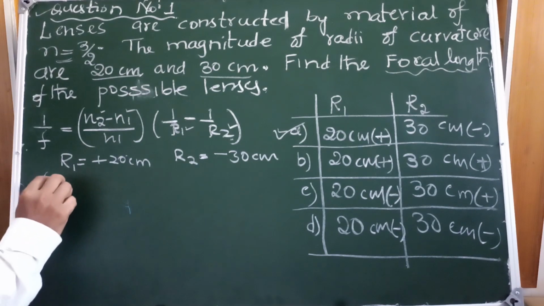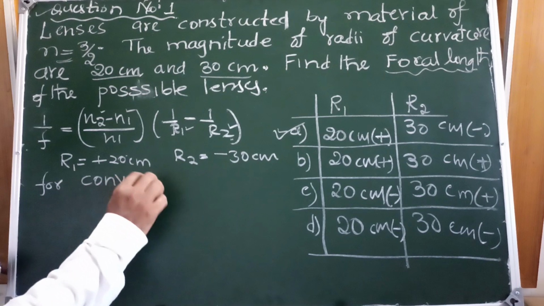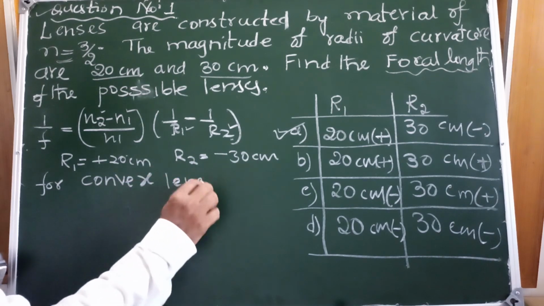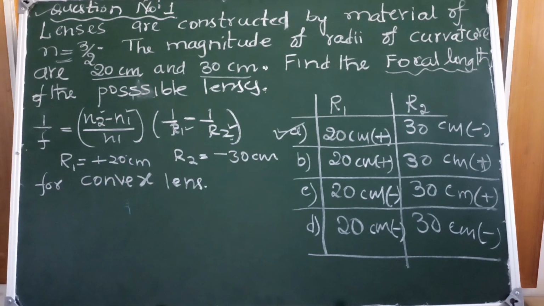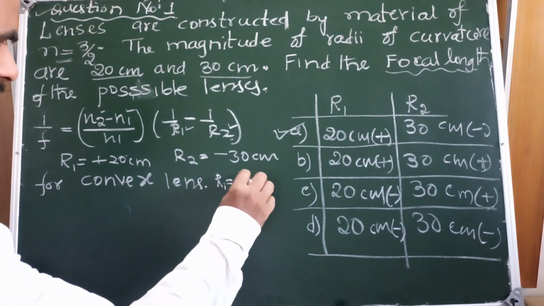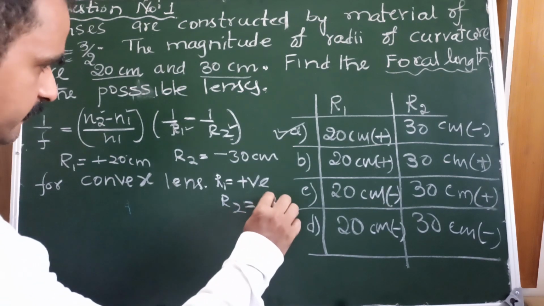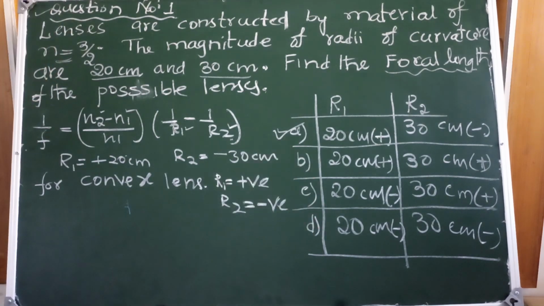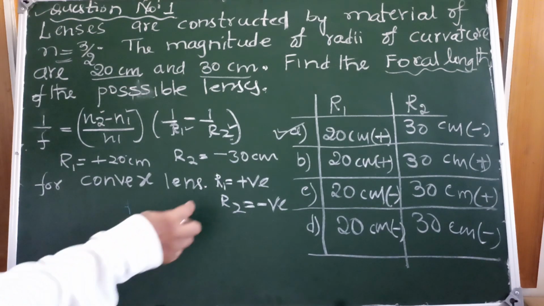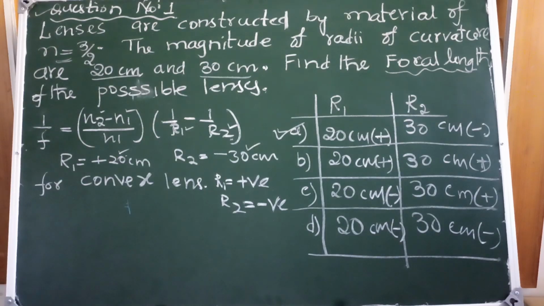This is the type of lens, it is a convex lens. In case of a convex lens, R1 is always positive and R2 is always negative.